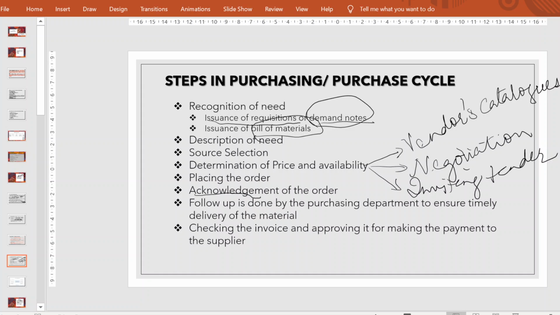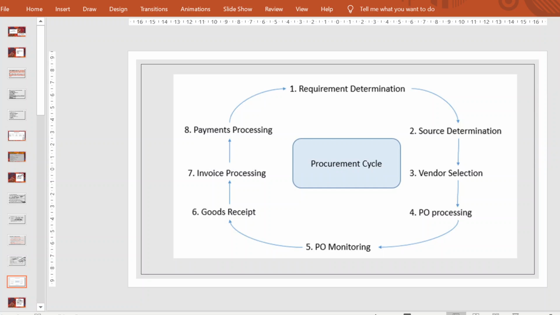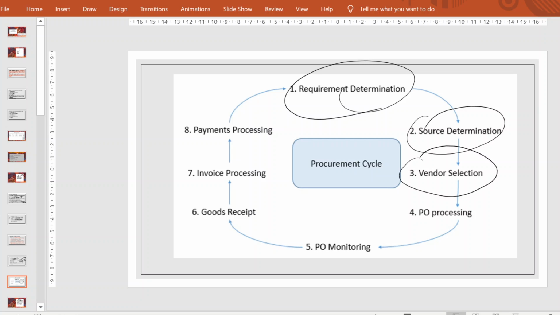To get a better understanding, the same thing is represented as a diagram here. First, you will be recognizing your need, then you will be describing your need in this step. After that, you will be finding the different ways by which you can procure the materials. After that, once you have different suppliers, you will be selecting the best vendor. After that, the purchase order will be made and sent.